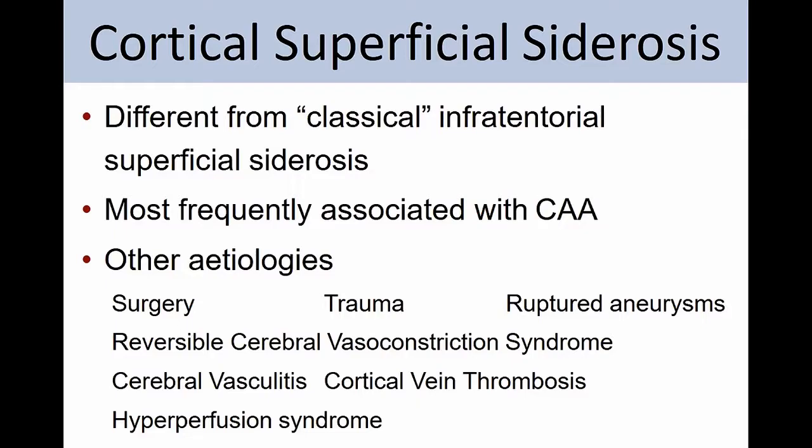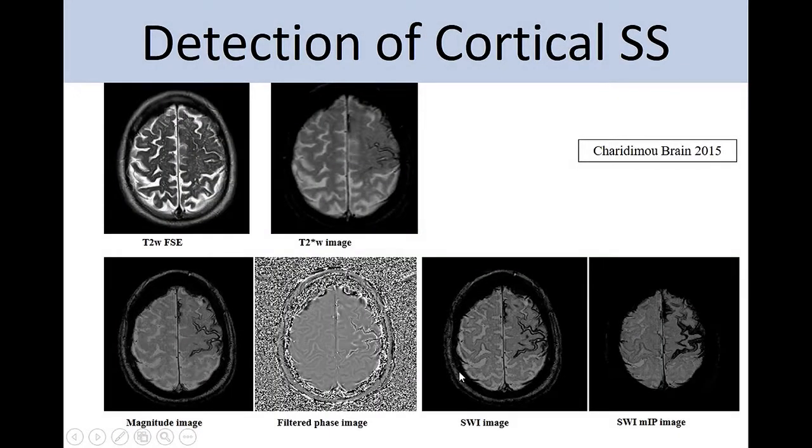There you have the hemosiderosis around the cerebellar folia and the cranial nerves. So this form is most frequently associated with CAA. There can be, like always, other etiologies: surgery, trauma, a ruptured aneurysm some time ago, and so on.